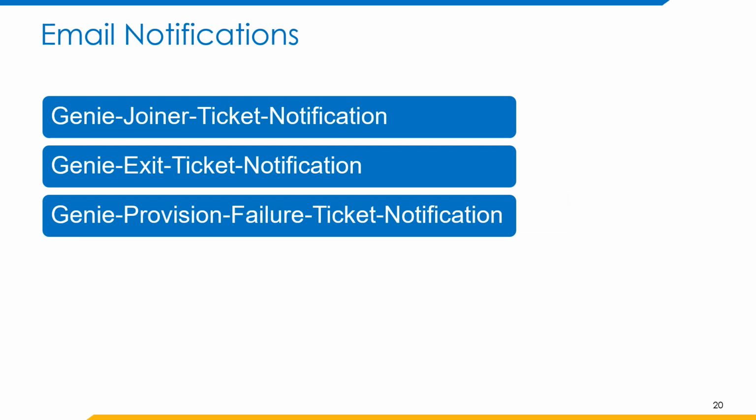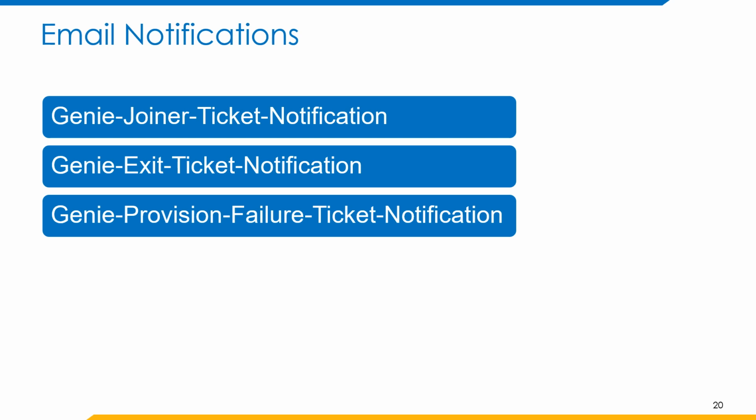We will be using email notifications in case SailPoint fails to create a ticket in Genie. Genie joiner ticket notification. This email notification will be triggered when creation of onboarding ticket fails from SailPoint. Genie exit ticket notification.